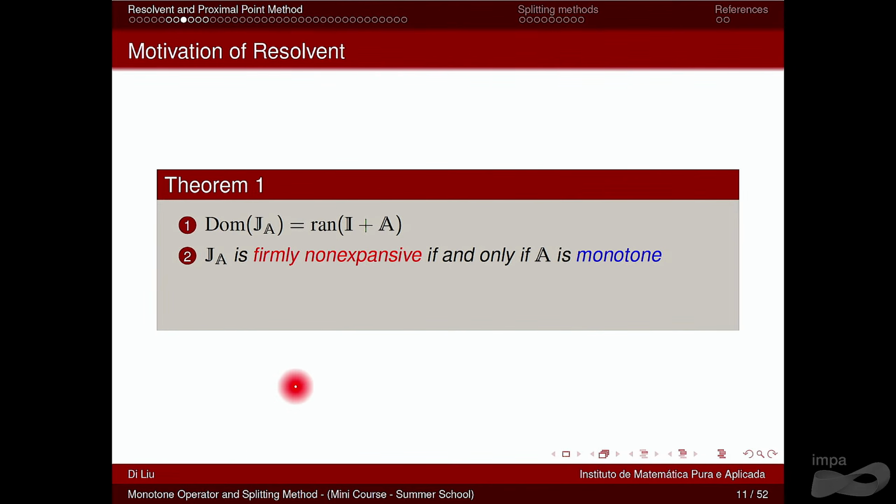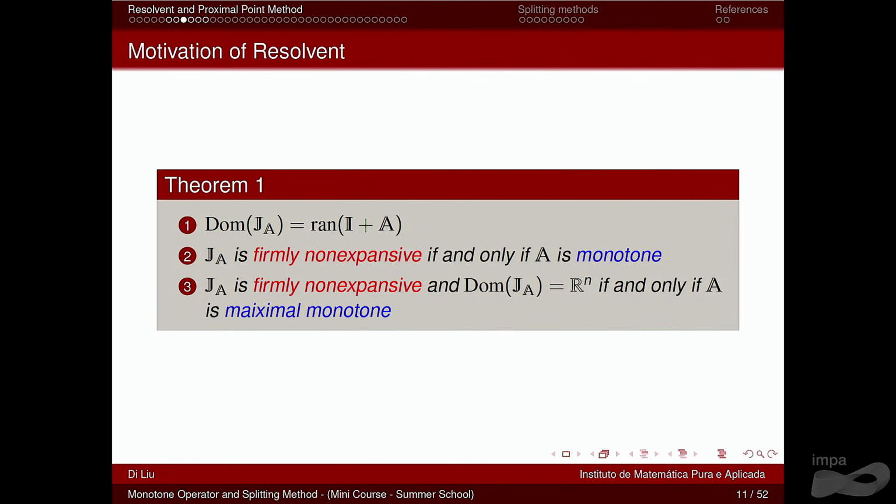You can also say firmly non-expansive is 1/2 averaged. J_A is firmly non-expansive, or 1/2 averaged, if and only if the operator A is monotone. Pay attention: we do not need to assume A is maximal monotone. If A is monotone, we already get firm non-expansiveness.